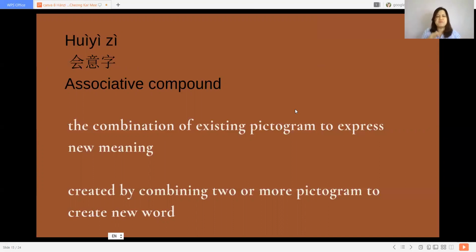We still need to use a pictogram as a base. Now we try to combine the existing pictograms or pictographs to express new meaning. It means one pictogram combined with another pictogram becomes a new meaning. This is the concept. This is how associative compound works. It can be created by combining two or maybe more pictograms to create new meaning.